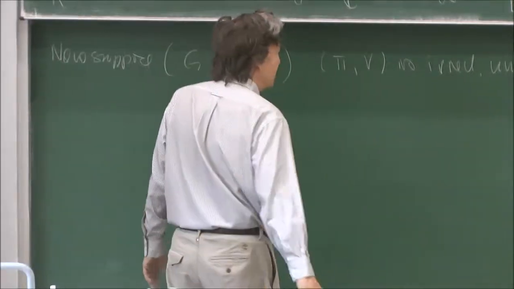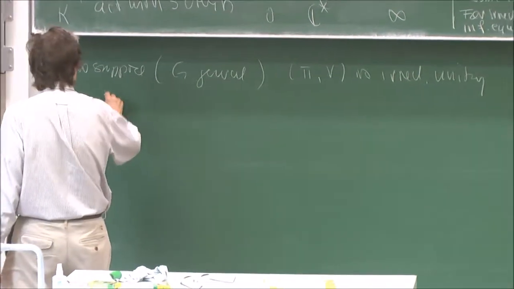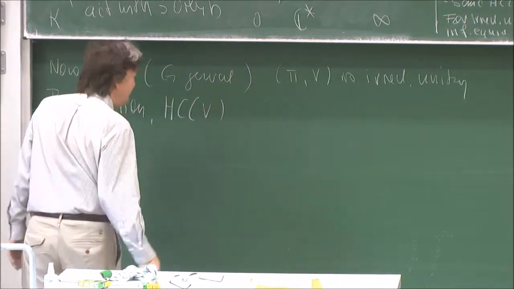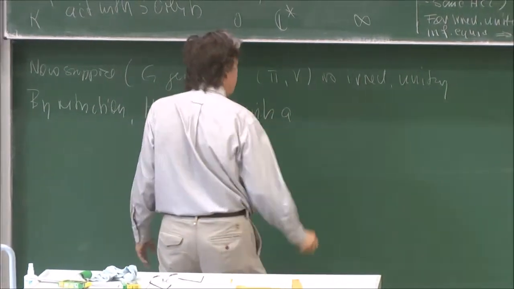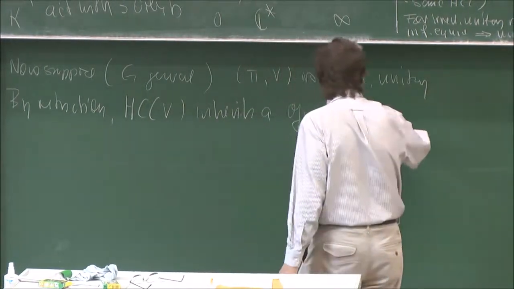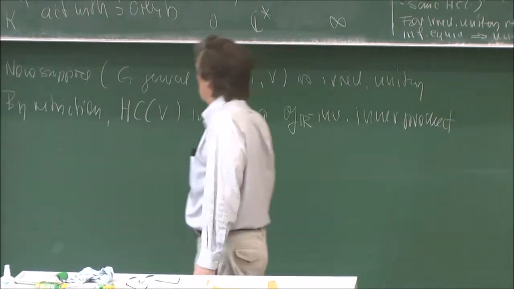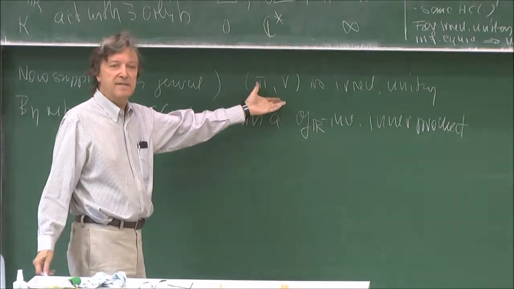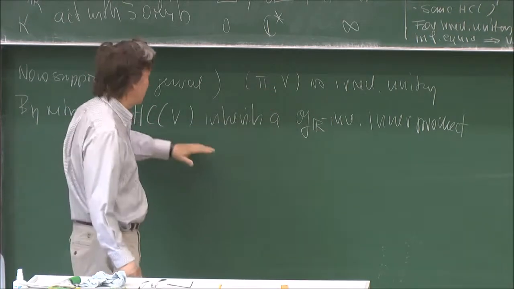So E is irreducible unitary, and then by restriction, HC of E inherits a G_R invariant inner product. HC of E physically sits inside this Hilbert space, and so you can restrict the inner product.